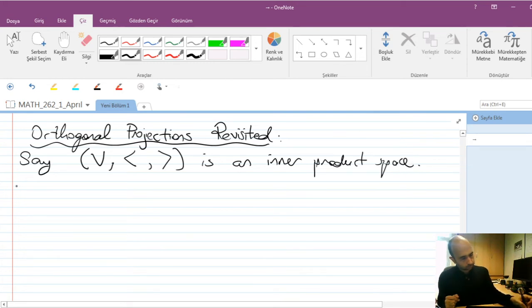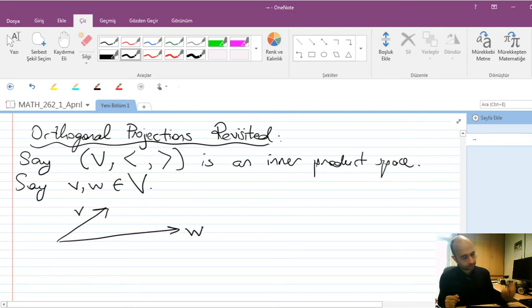And say you have two vectors in here, V and W. Okay, now let me make some pictures as if this is three-dimensional space. Although this is completely abstract, as you know, V could be some space of functions or something completely esoteric, but still, this is just some sort of way of thinking about it only.